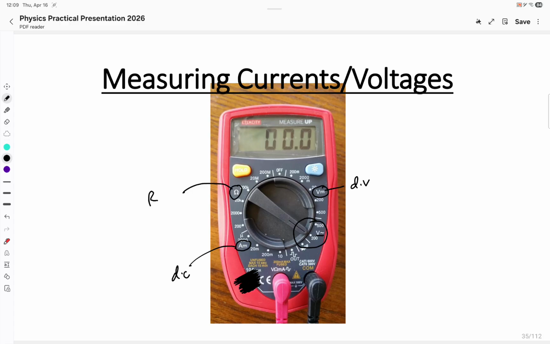These are the three main areas where you can put your dial and get the value from the screen accordingly. If you set the dial here, it will give you a voltage value. If you rotate the dial in this region, you make the digital meter an ammeter, similarly an ohmmeter.